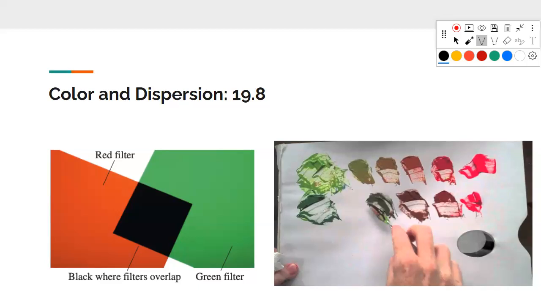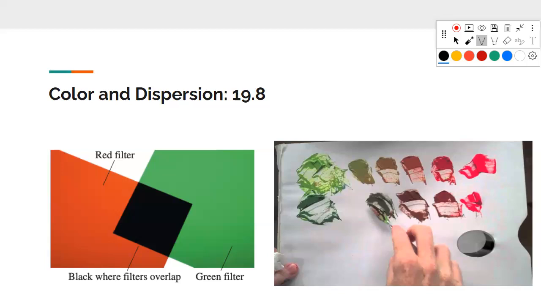Similarly, the green filter absorbs all wavelengths of light except green, and it lets green pass through. So you can see that if we layer the two on top of one another, nothing can pass through, because all that passes through the red filter is red, and then it gets to the green filter, and that red light isn't green, so it doesn't pass through. So we have the overlapping region as black.